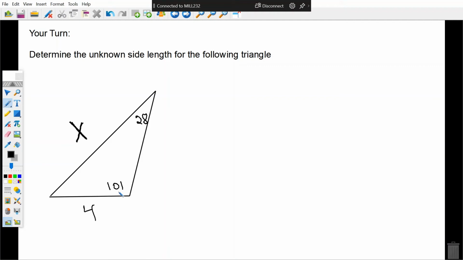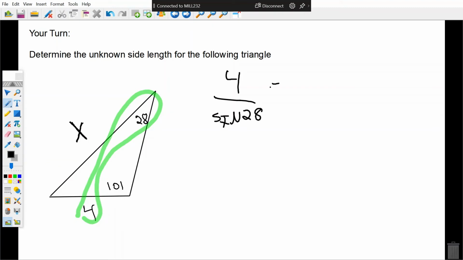All right, I'm going to start putting the answer down here. You can just take a look up when you've got it. Here I have an angle side pair, so I'm going to do the sine law. 4 over sine 28 equals x over sine 101.